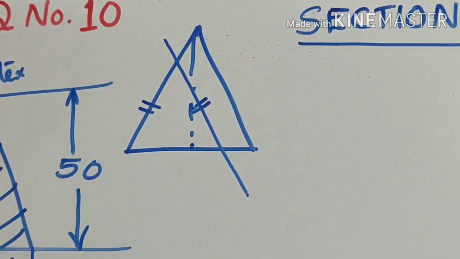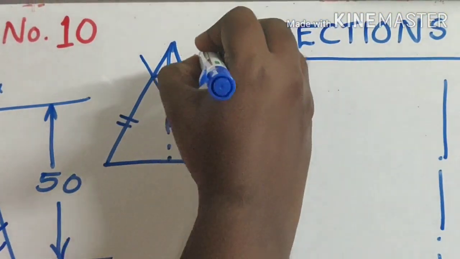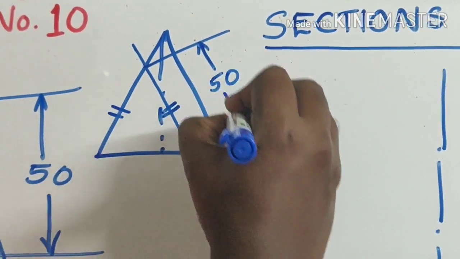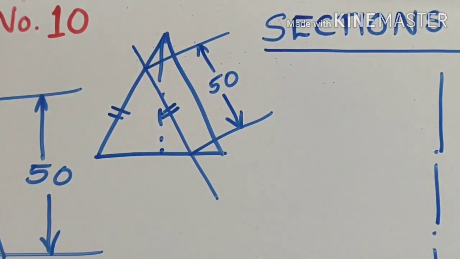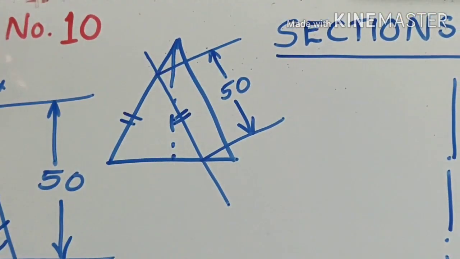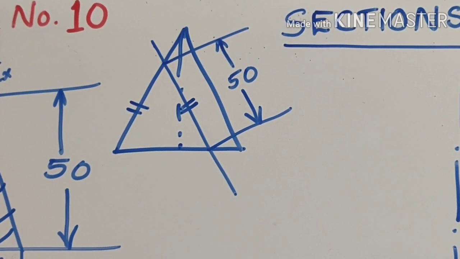So what should be the length of that section? The length of that section should be exactly the distance from vertex to the double ordinate. So 50 should be one side.